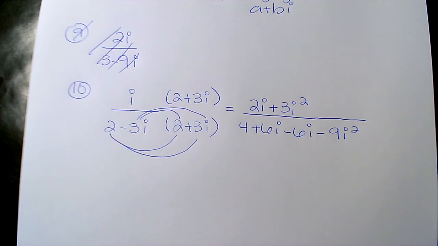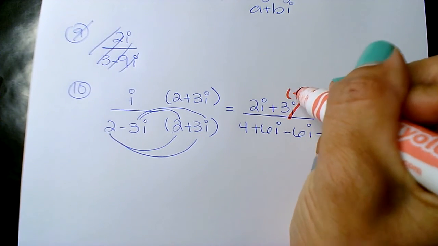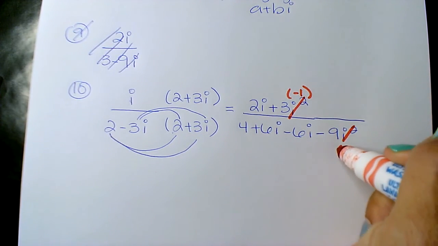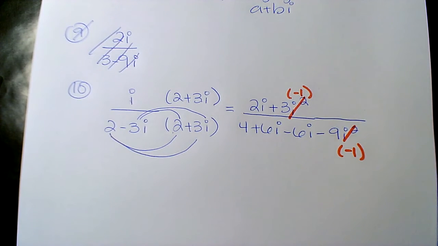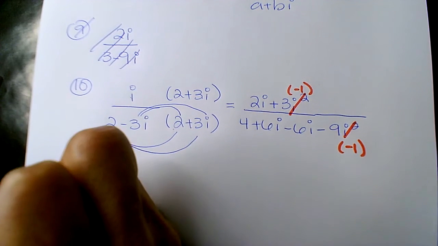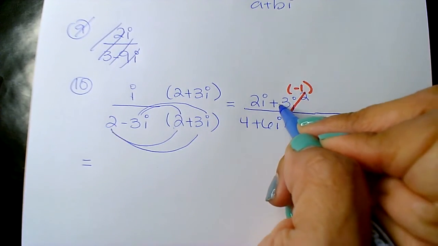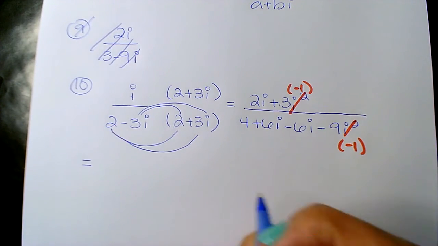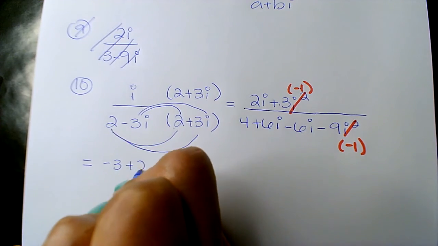Get your papers out. Okay. Now, let's mess with our i squareds. Remember, i squared is -1. So I'm going to put a -1 here, and I'm going to plug a -1 in here, correct? Okay, so if I clean it up a bit, I end up with positive 3 times negative 1 is negative 3 plus 2i.